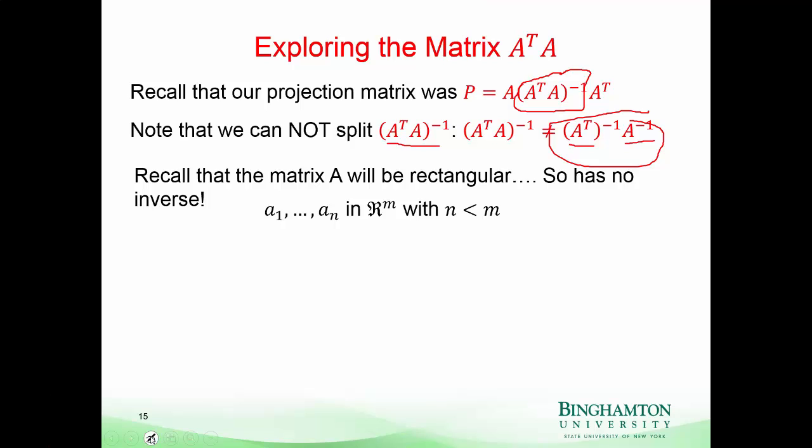So let's look at this A transpose A matrix a little bit further. We've said that our matrix A will be rectangular, because we're picking n columns in R^m with n strictly less than m. That forces us to have some subspace in R^m. So we're going to have fewer columns than rows.